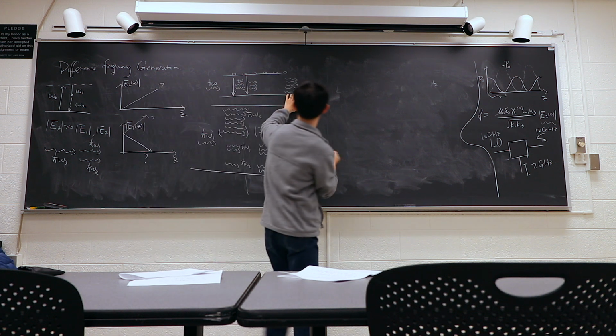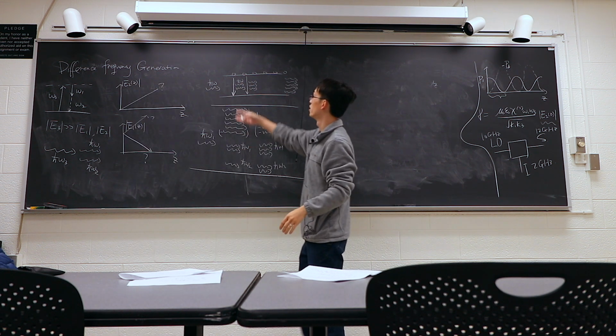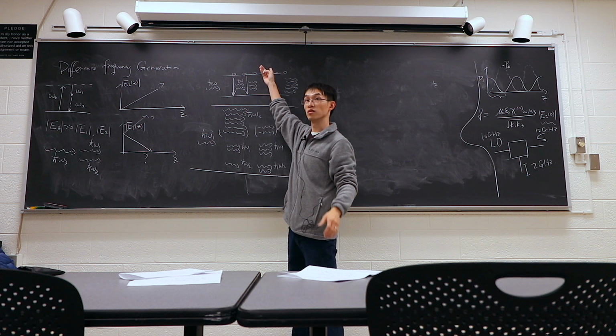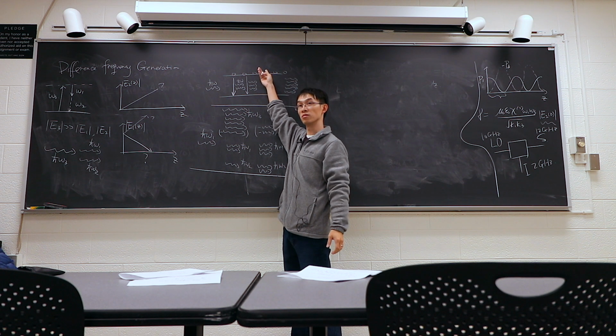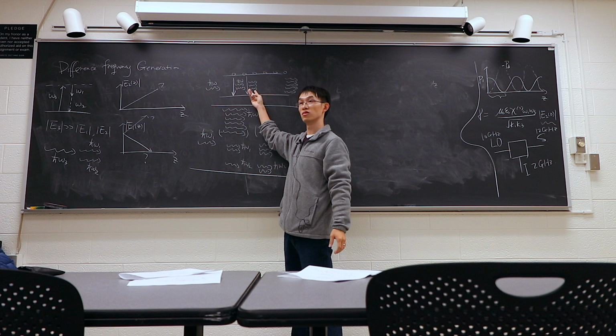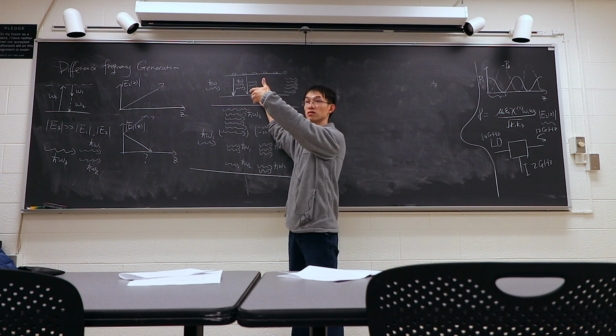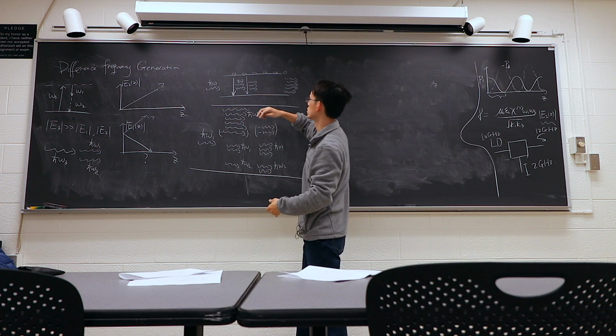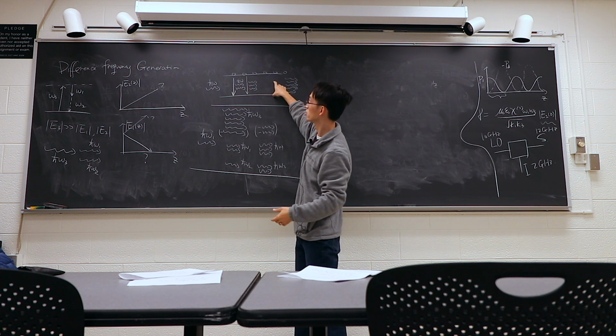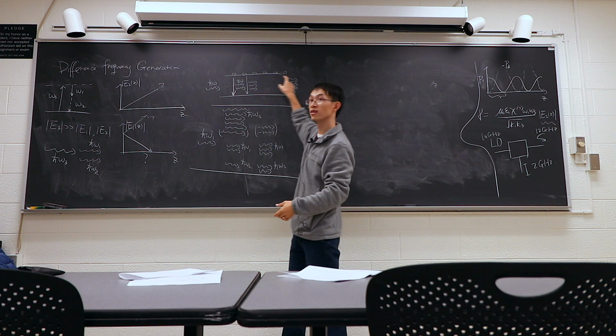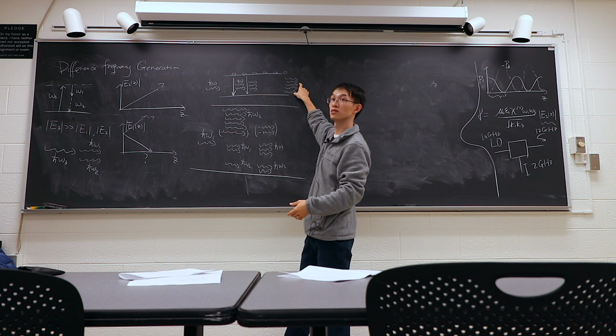Once you amplify these photons, the electron will go from upper state to lower state, right? And then you need another pump to pump it back. So the state of your material before amplification and after amplification is different.